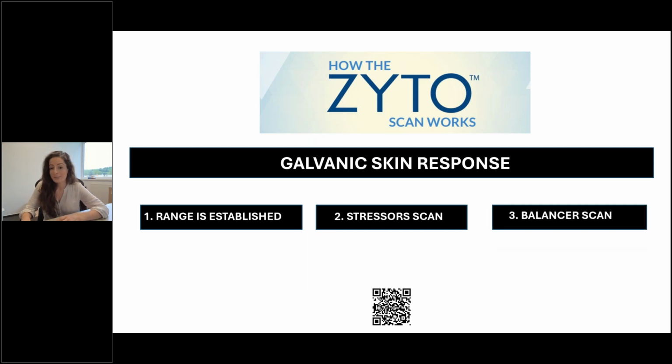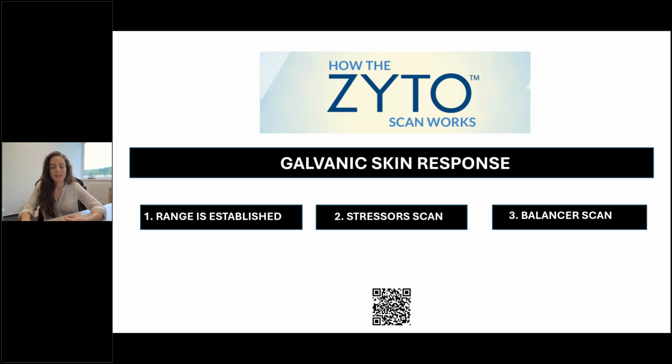Step number 3 is a balancer scan. The reason for this step is very simple. Once we identify where the stress is in your body, we want to get rid of it. And therefore, during the balancer scan, we send a digital representation of every single Life Prosper product to your body, and we observe how your body reacts to this.